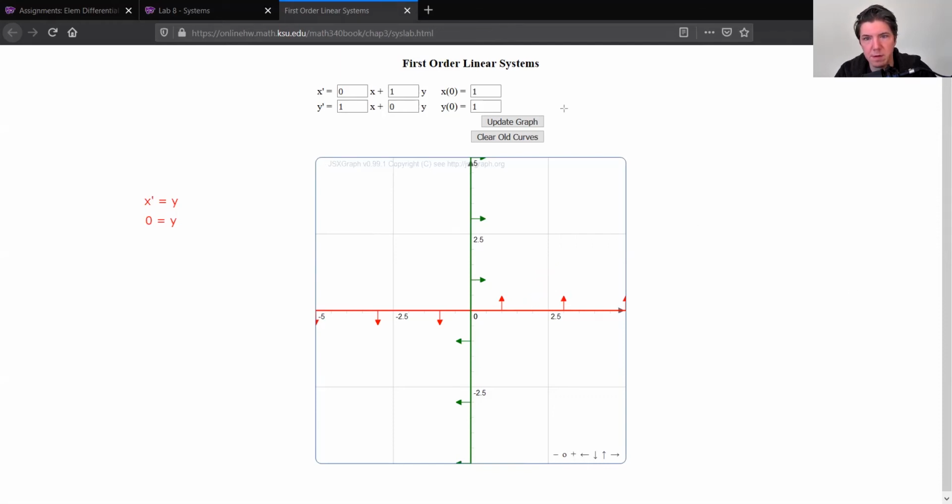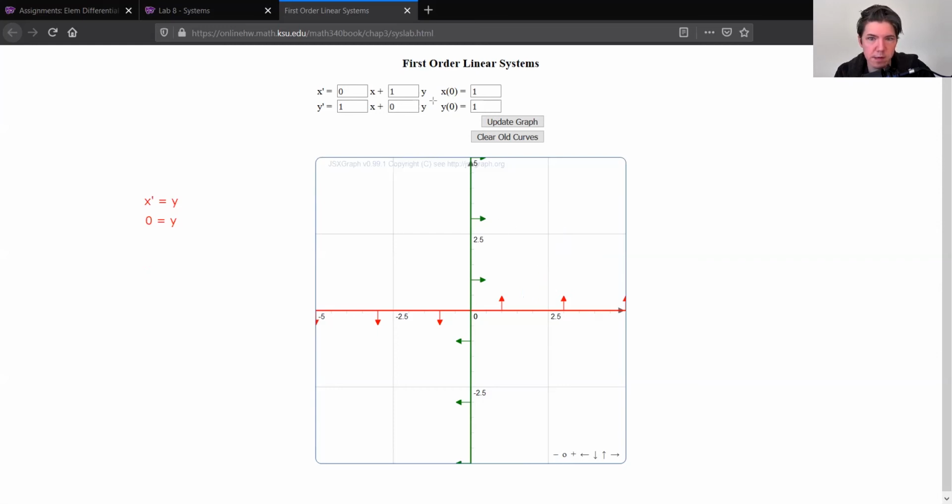Actually, maybe that would be better in a different color. So we have this nullcline. That's where y is equal to 0, of course. And the reason the arrows are going up and down is because we have no change in x, just like what we were talking about.